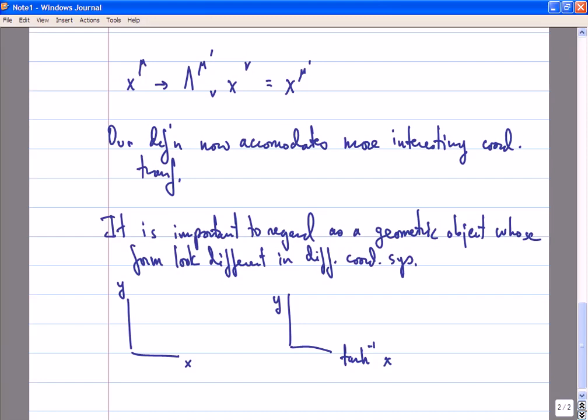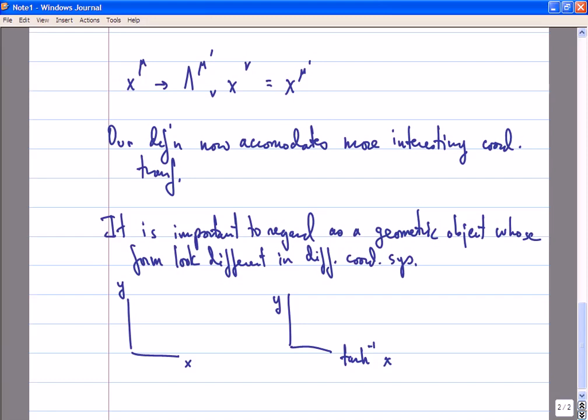For example, remember when we studied the equivalence principle, we thought about Einstein's elevator, which described a constantly accelerating reference frame, where x prime was related to x by the addition of t squared. So it's nonlinear in the sense that it's not linear in t, that would be a boost, but rather t squared, so it describes some constant acceleration.